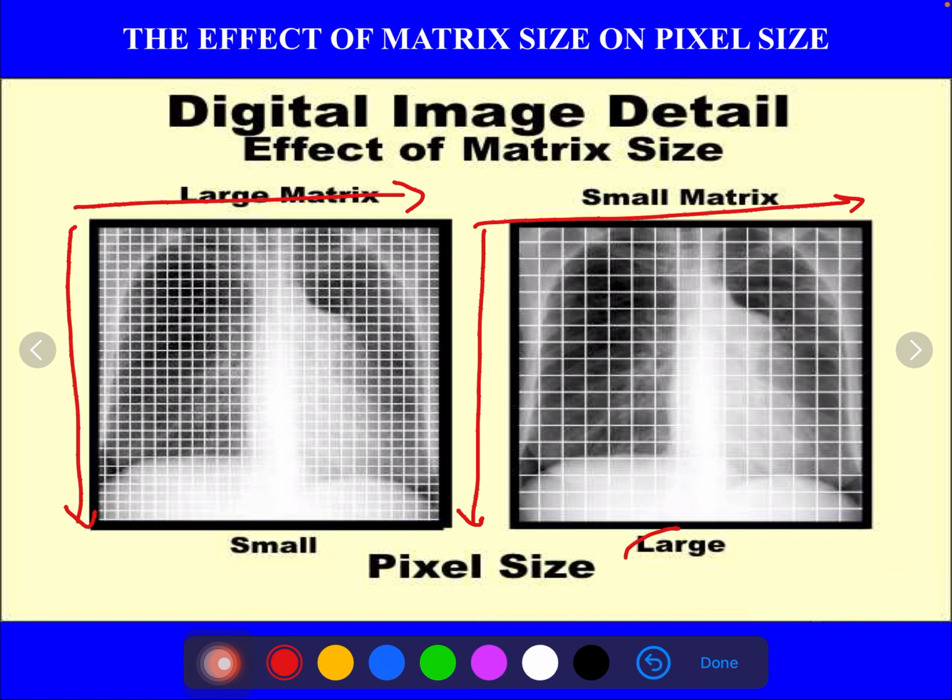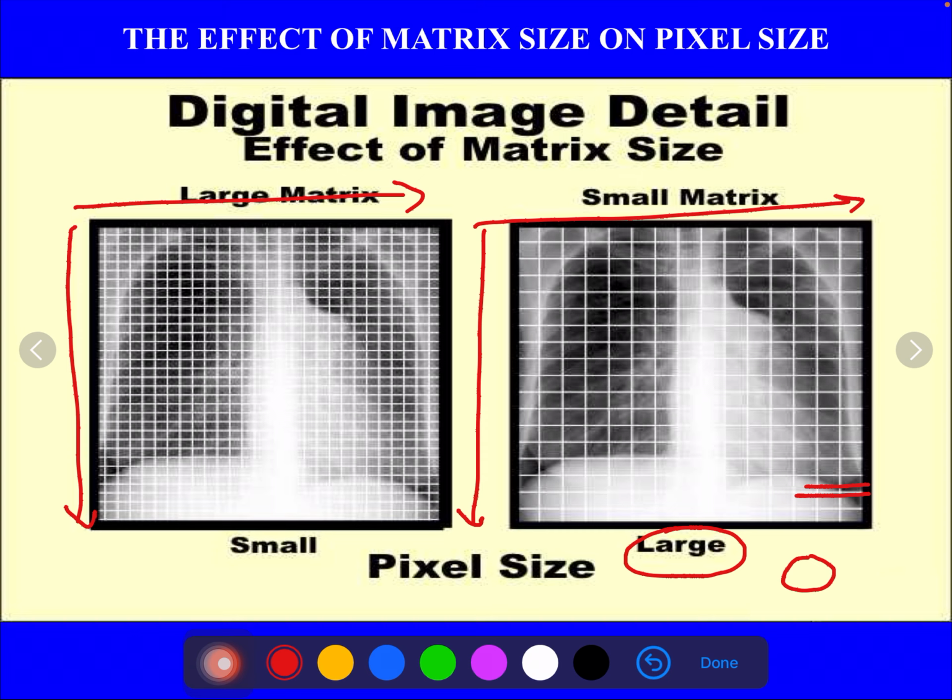If we increase the matrix size, the pixel size will be reduced, resulting in better detail. Conversely, a smaller matrix leads to larger pixels. The pixel size is more and less detail will be visible to human beings.